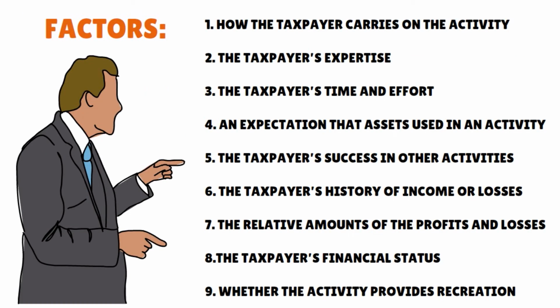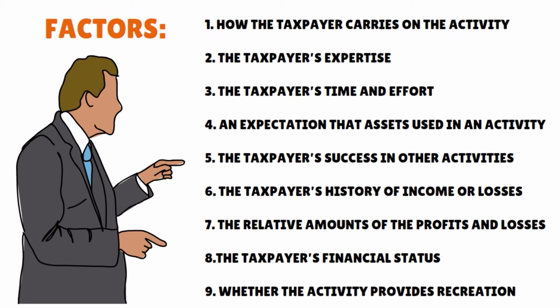The IRS looks at how you carry on the activity, your expertise, your time and effort in carrying out the activity, the expectation that assets used in the activity, such as land, may appreciate in value, your success in other activities, your history of income or losses from the activity, the relative amounts of the profits and losses, your financial status, and whether the activity provides recreation or involves personal motives. So those are the 9 factors that the IRS looks at.